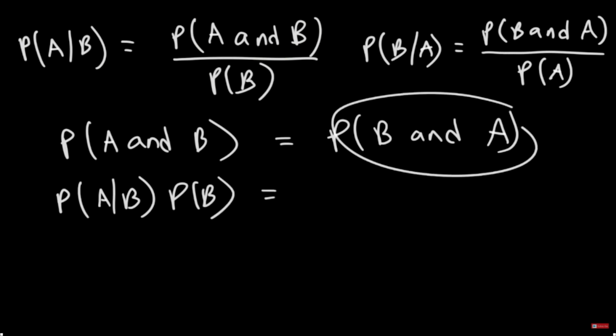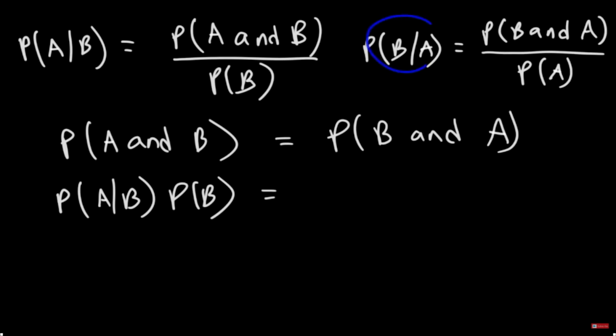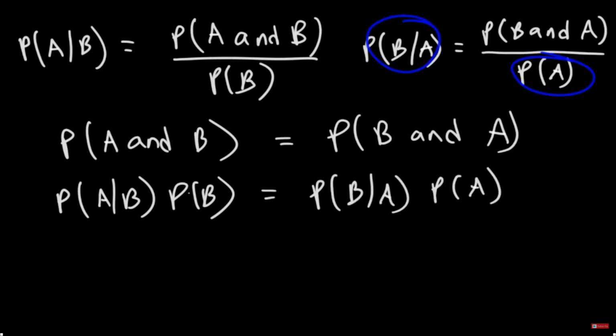Now on the right side, the probability of B and A occurring is the product of the probability of B occurring given A has already occurred times the probability of event A occurring. Now what I'm going to do is divide both sides by the probability that event B will occur.